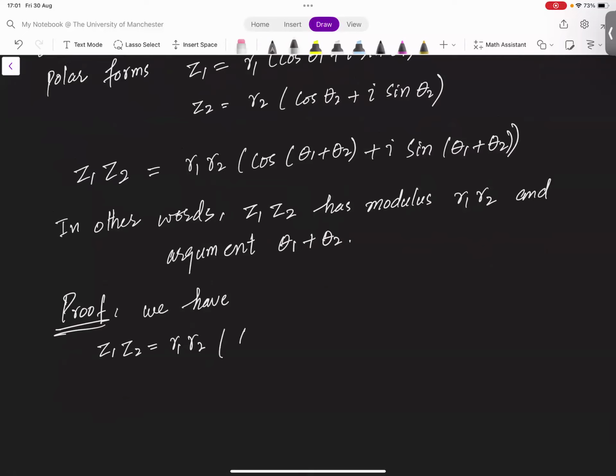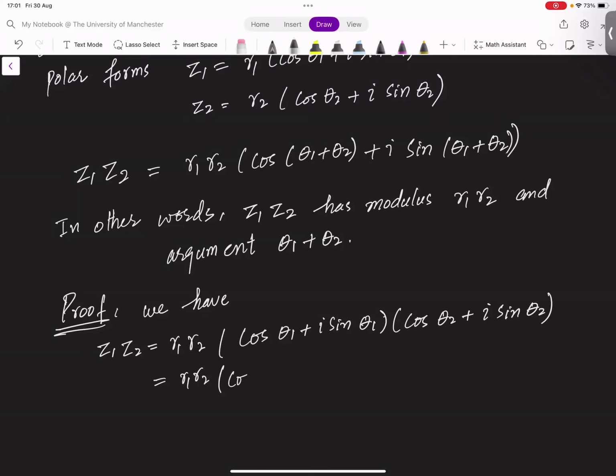And then we have the brackets cos theta 1 plus iota sine theta 1 and cos theta 2 plus iota sine theta 2, and r1 r2.